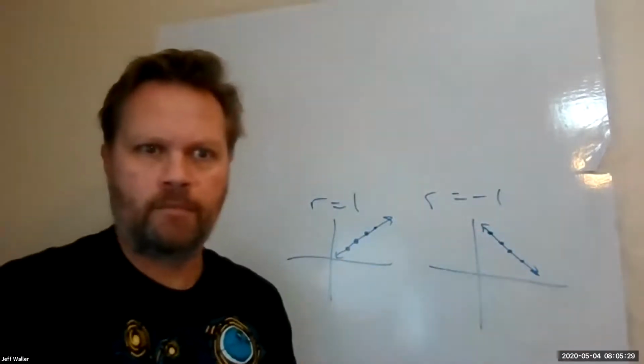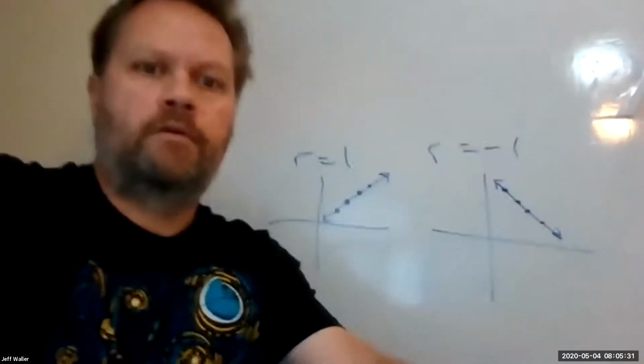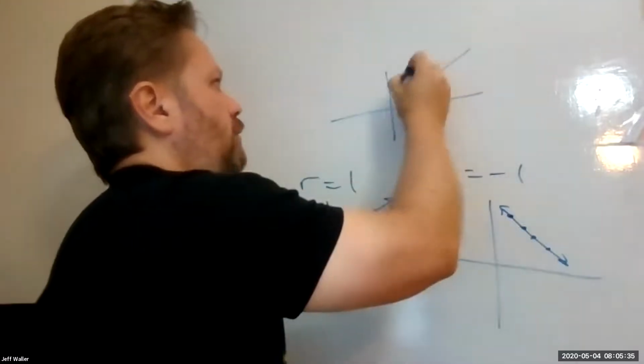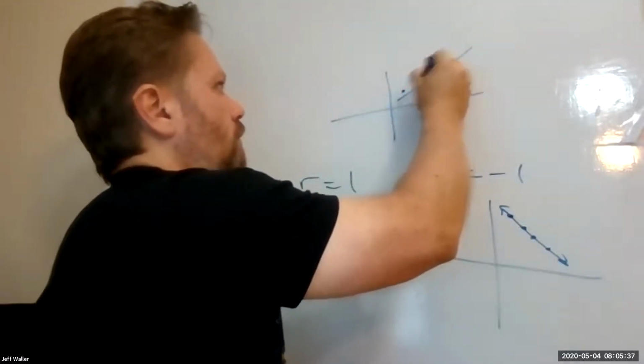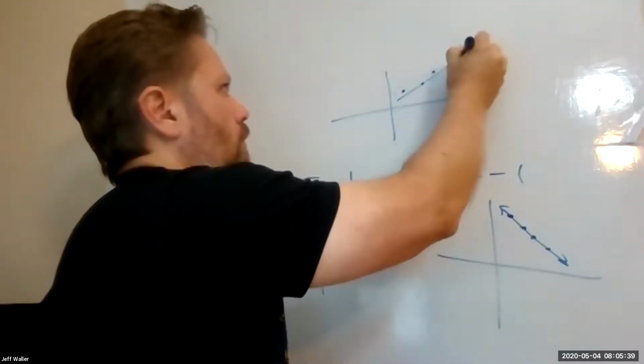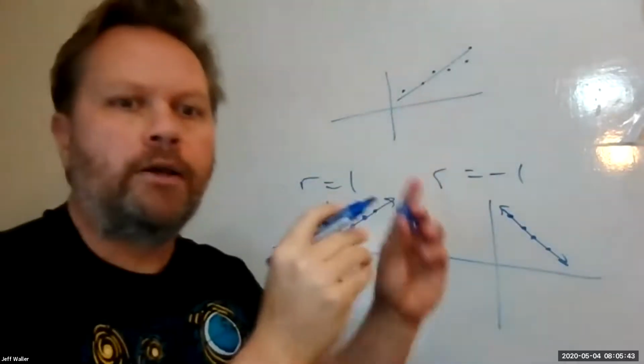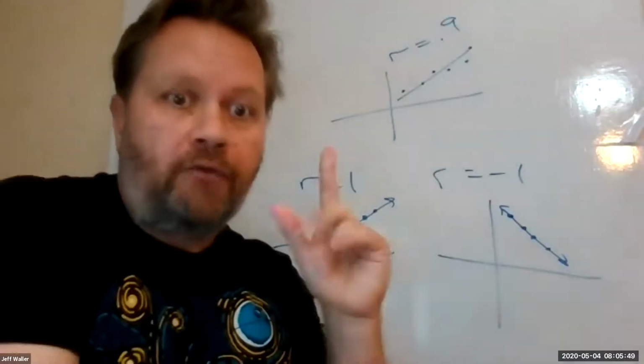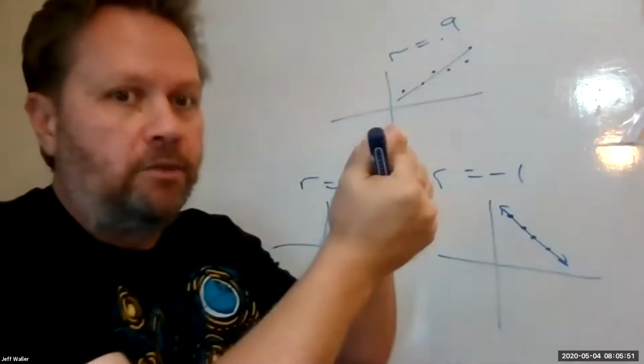Cool? So then if I had something that was sort of in the middle, something like this, that would maybe be R equal to 0.9. Is it perfectly 1? No, it's a little bit away from 1.